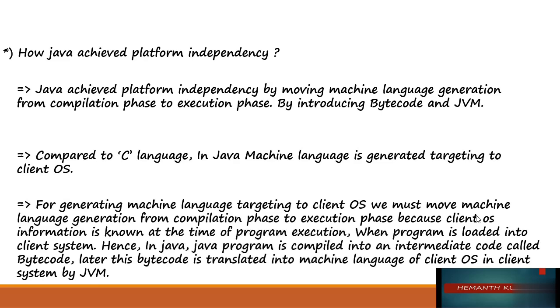For generating machine language targeting the client OS, we must move machine language generation from the compilation phase to the execution phase, because client OS information is known at the time of program execution, when the program is loaded into the client OS system. Hence in Java, the Java program is compiled into an intermediate code called bytecode. Later this bytecode is translated into machine language of the client OS in the client system by the JVM.